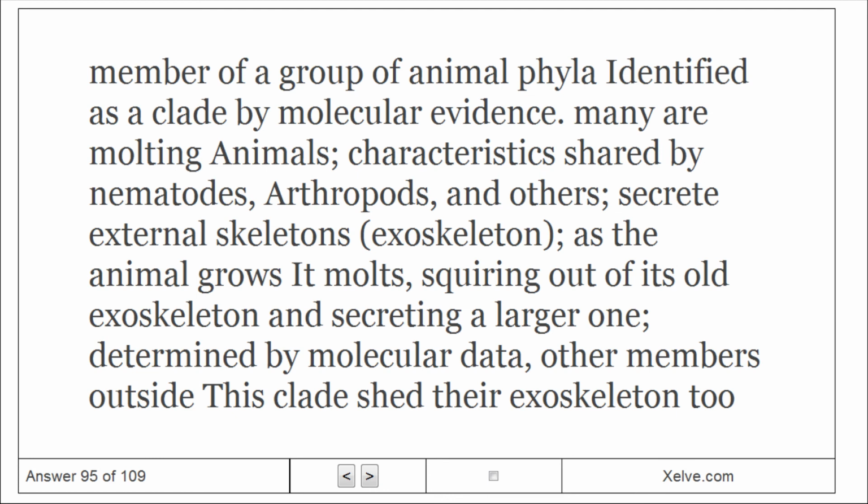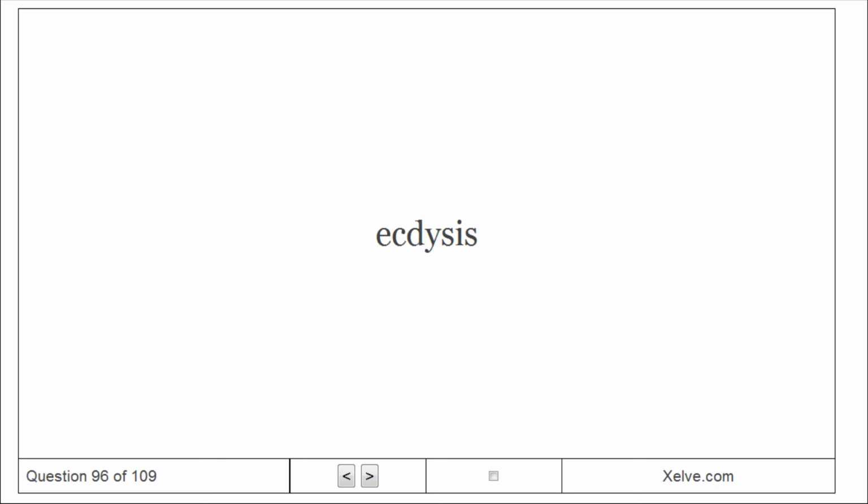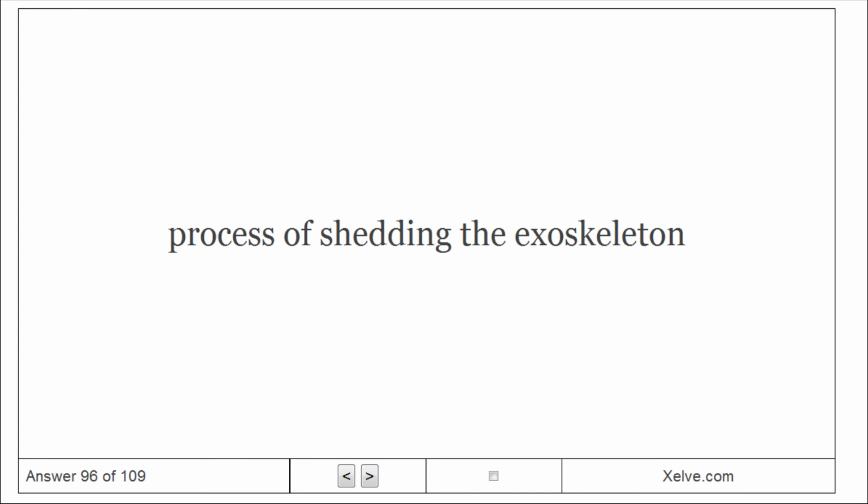Other members outside this clade also shed their exoskeleton. Ecdysis: the process of shedding the exoskeleton.